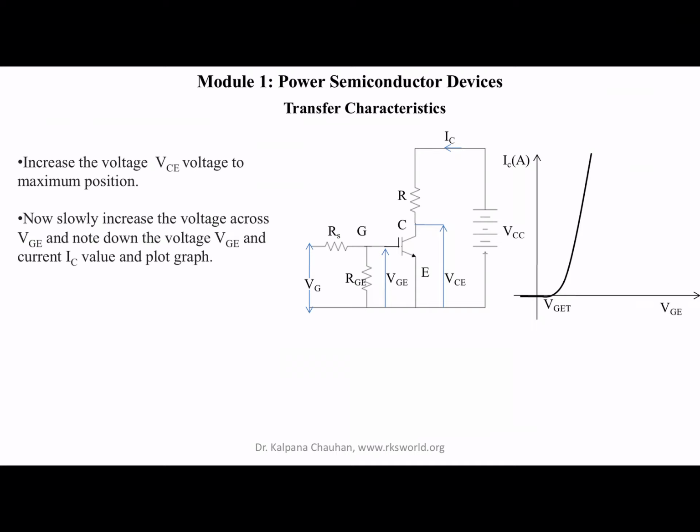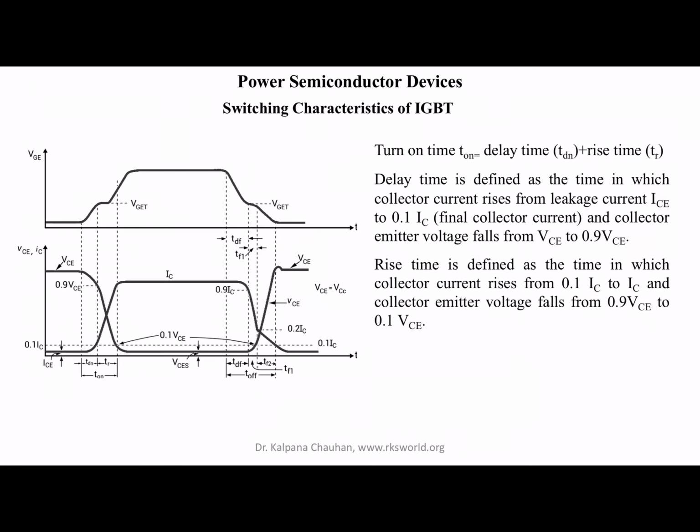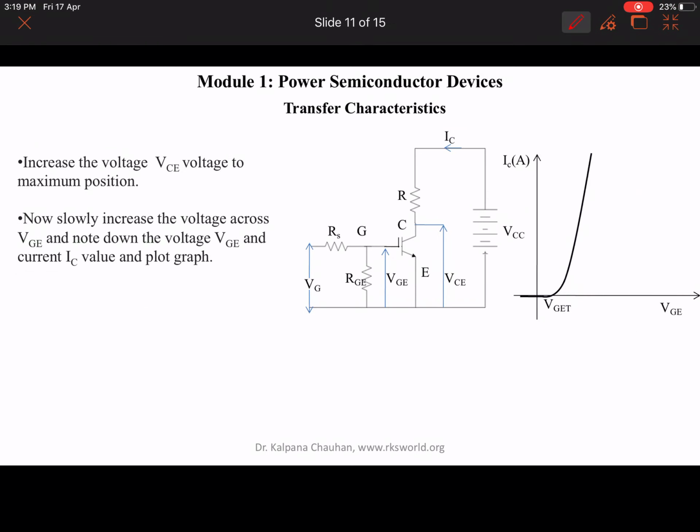So we get some characteristics. One characteristic that we are going to discuss is the transfer characteristics. This transfer characteristic is between the gate emitter voltage and the collector current.